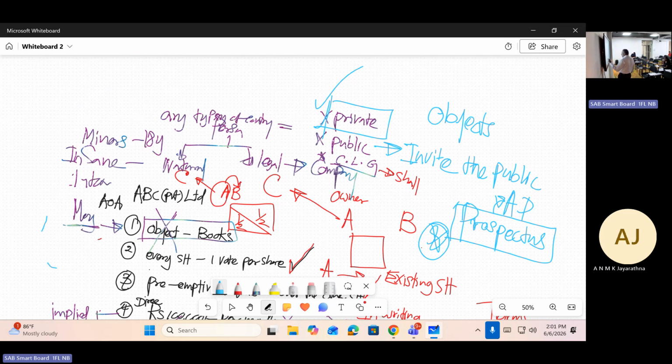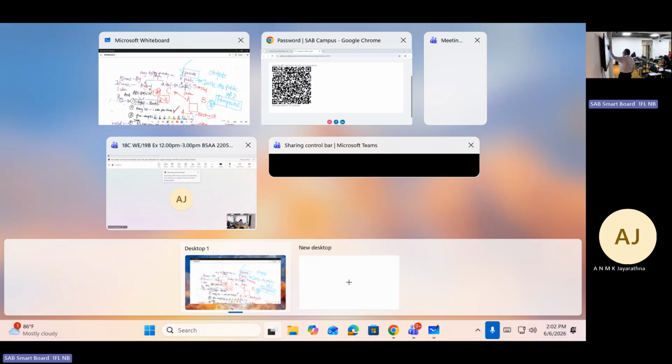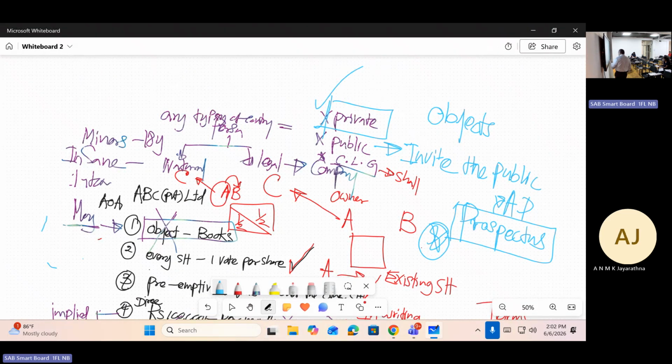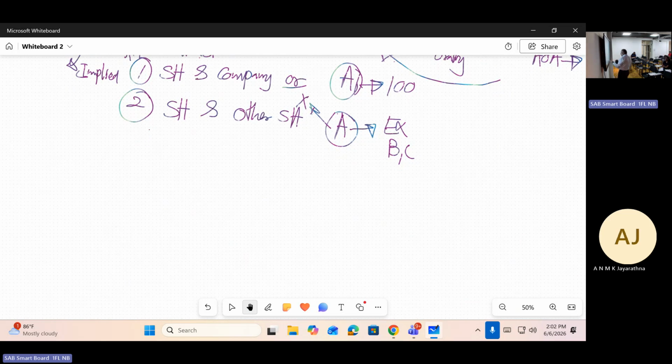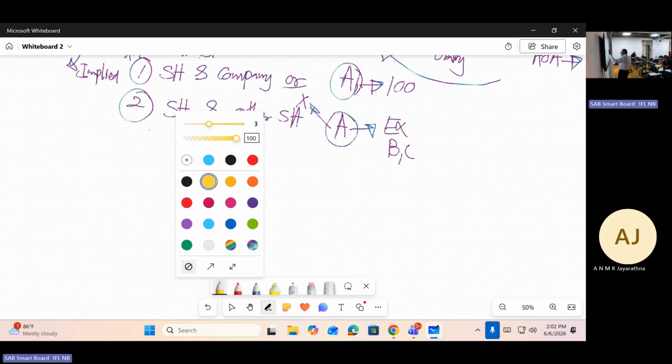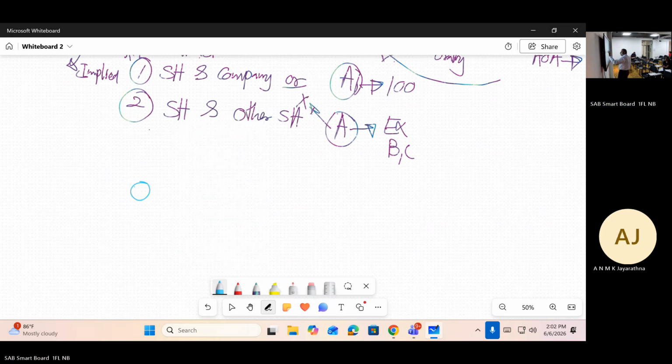Now according to this company, the object of the company is manufacturing and selling goods.